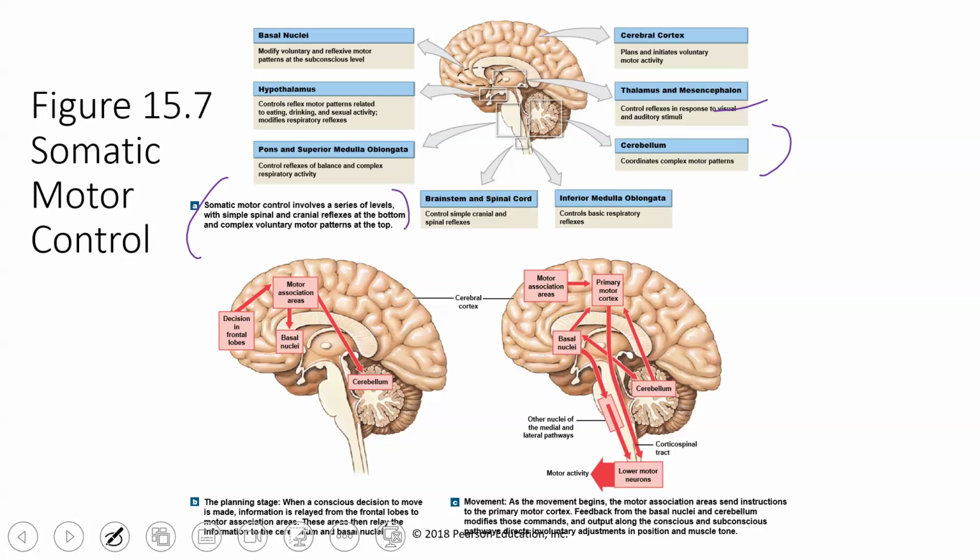These areas then relay the information to our cerebellum and our basal nucleus. C, movement. As the movement begins, the motor association areas send instructions to the primary motor cortex. Feedback from the basal nuclei and cerebellum modifies those commands, and output along the conscious and subconscious pathways directs involuntary adjustments in position and muscle tone.